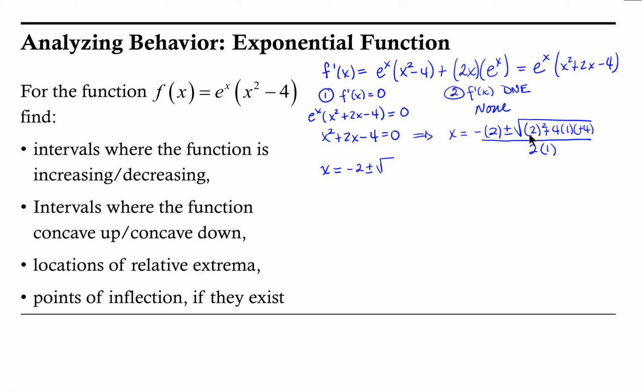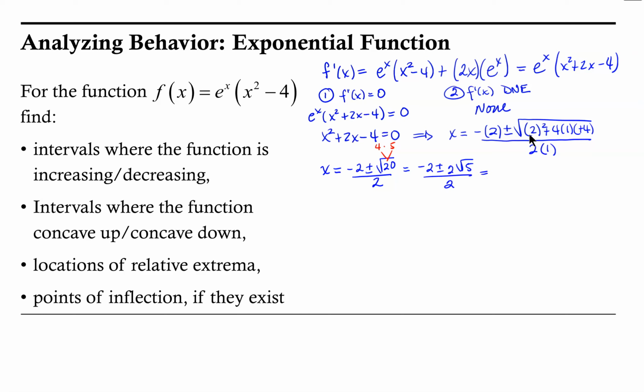So 4 plus 16 is 20, all over 2. Now, the 20 can be factored to be 4 times 5, and 4 is a perfect square. So we bring the 4 out of the radical, and we have negative 2 plus or minus 2 times the square root of 5, all divided by 2.